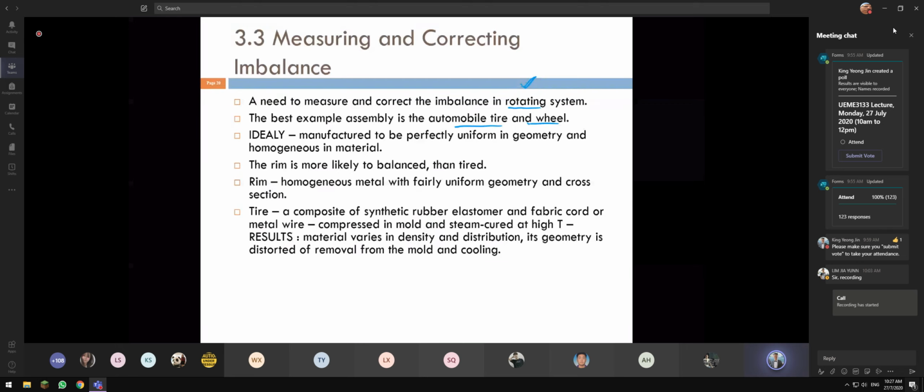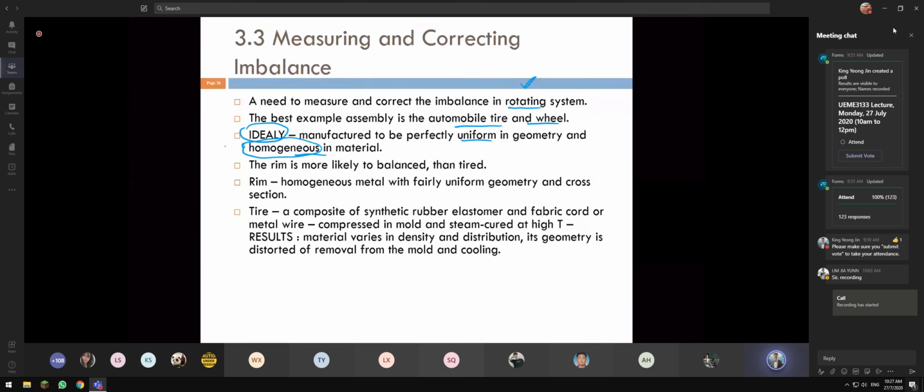You may have had the chance to look at it. Ideally, the product is manufactured to be perfectly uniform in geometry and homogeneous in material. That's why I say ideally. But in reality, this is not 100%.